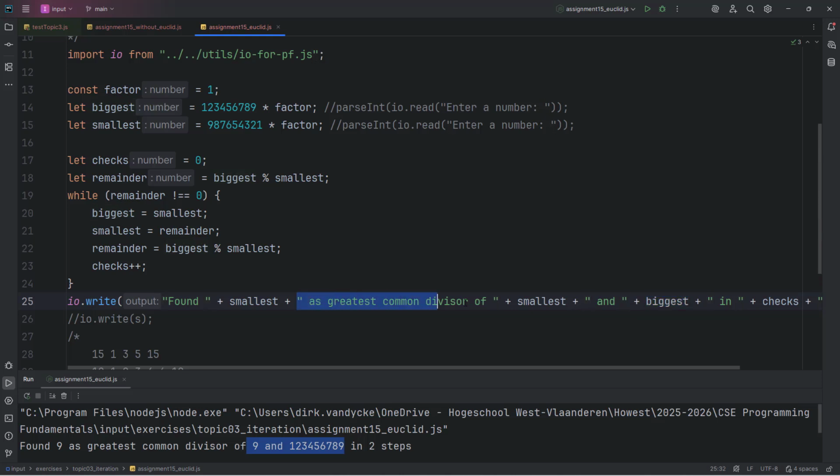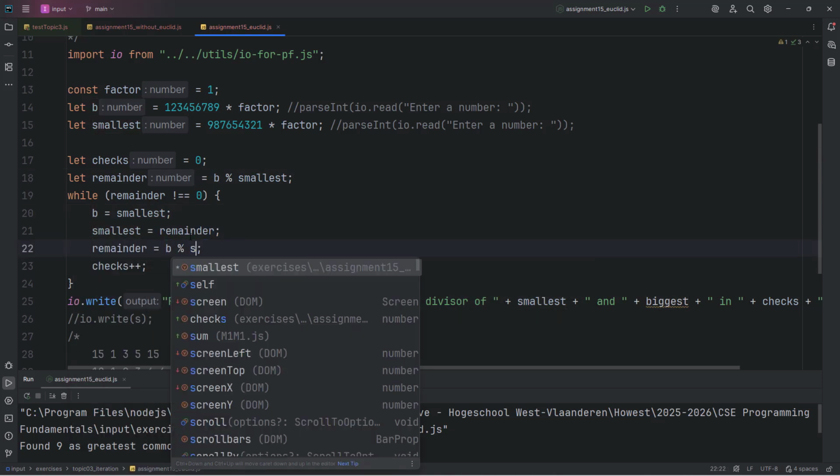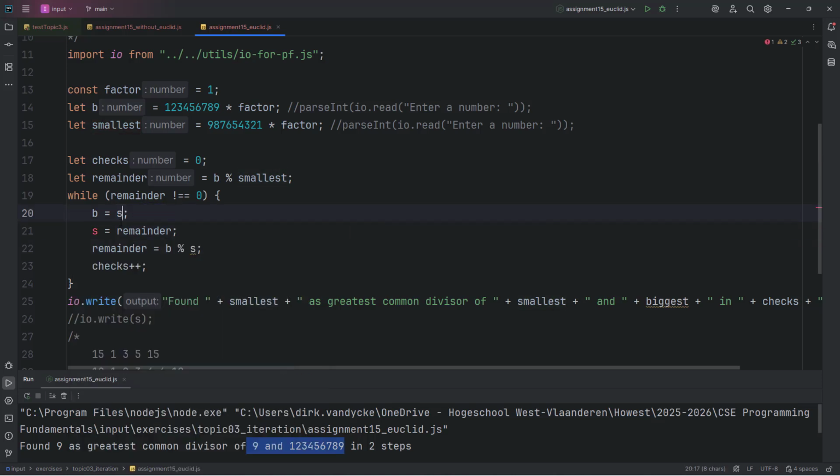What I can do is I could copy these. So let's get back to B. This is smallest S, and now I will have S here, and this will be remainder.